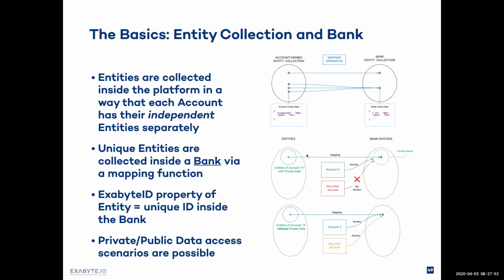So the reason why we always create this mapping is because the entry inside this bank is actually what we use to associate materials properties with. Because there are multiple different properties and they have to be associated with unique entries, we have to have this unique entry to associate these properties with. But this entry does not necessarily have to be visible to anybody else but the account that had created it.